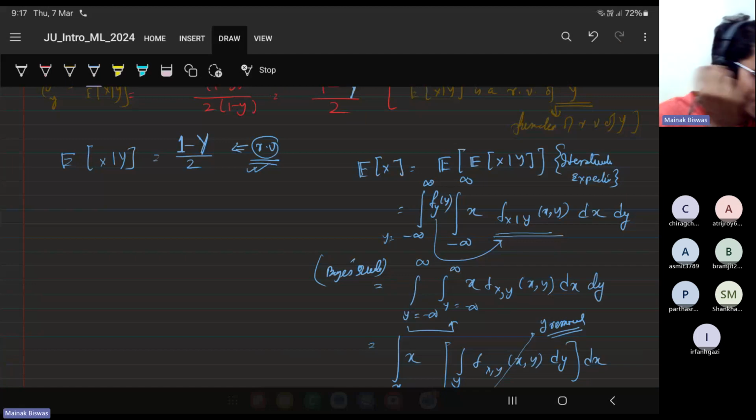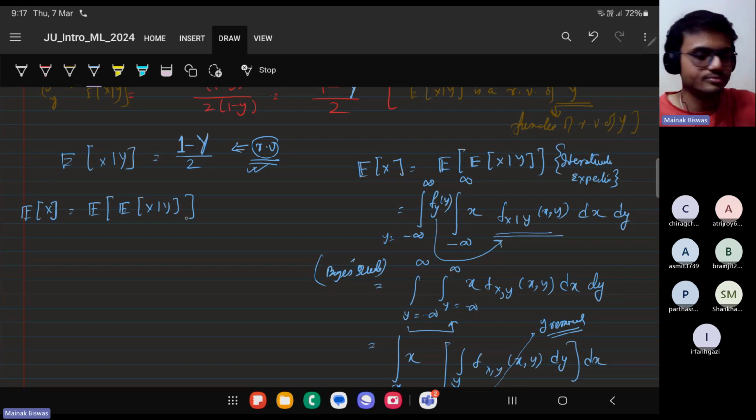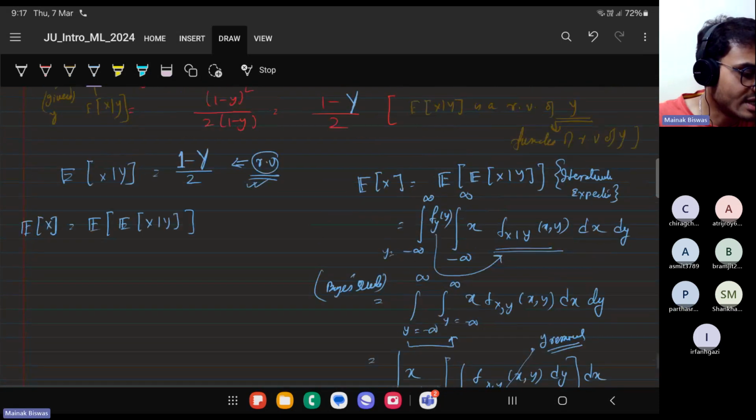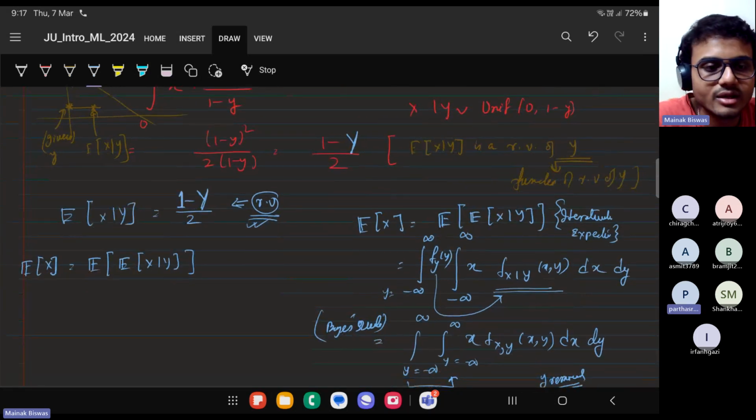Good. So now how will I find the expected value of x here? Tell me. Is it clear that we can take iterated expectation as you told me, average over all the values of y to get the value of expected value of x?